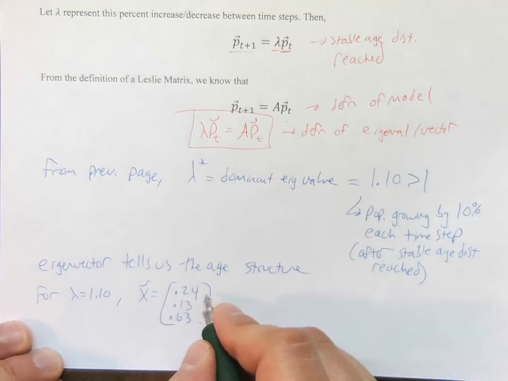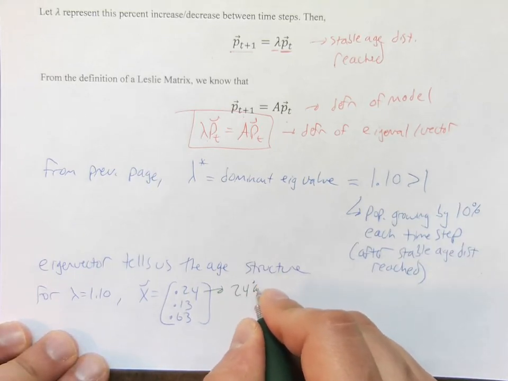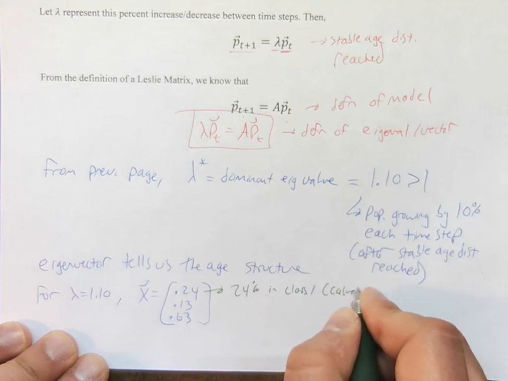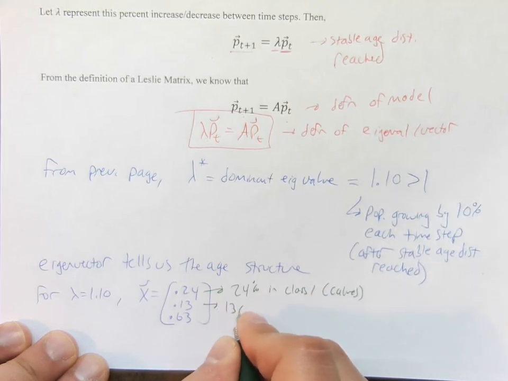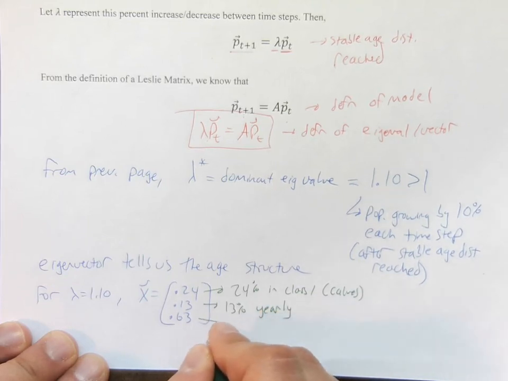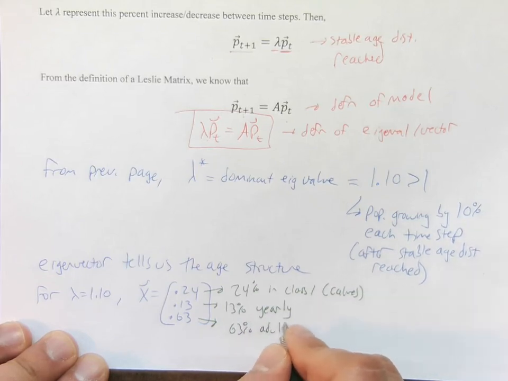And this tells you that, long term, there's going to be 24% of the population in class 1, so calves. 13% are going to be yearlings. And long term, 63% will be adults.